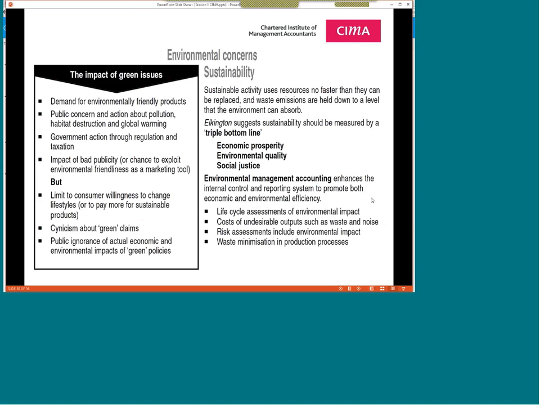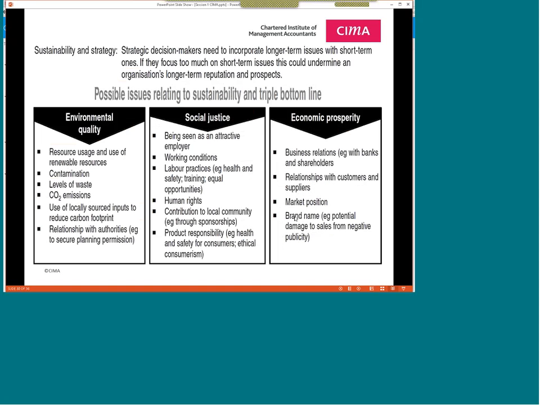And in general, in terms of sustainability as well, they are environmental quality, social justice, and economic prosperity. So in terms of environmental quality, you would look at things such as resource usage, level of waste, CO2 emissions, and whether the way you do business is increasing the ecological footprint and things like that.